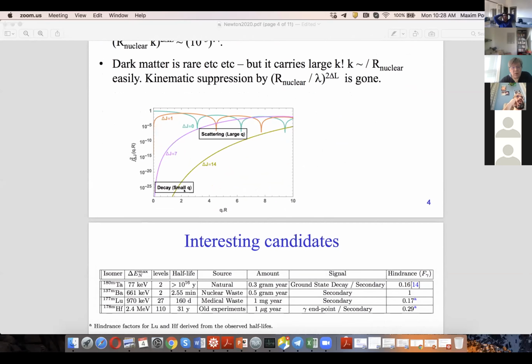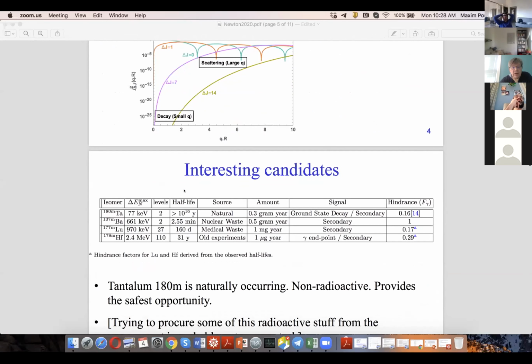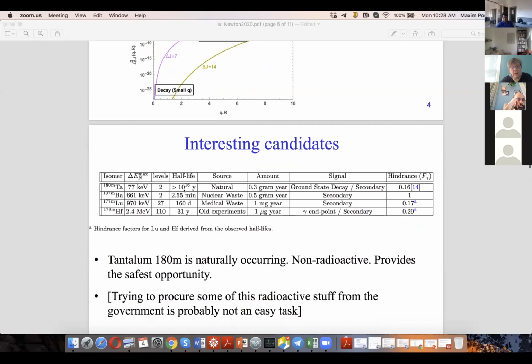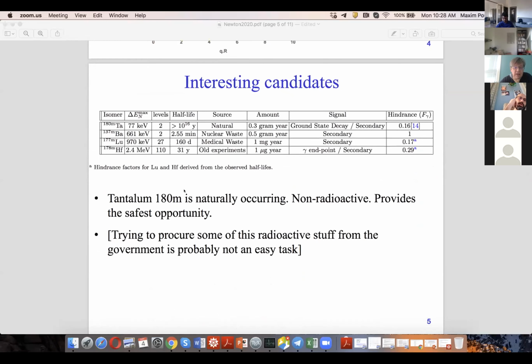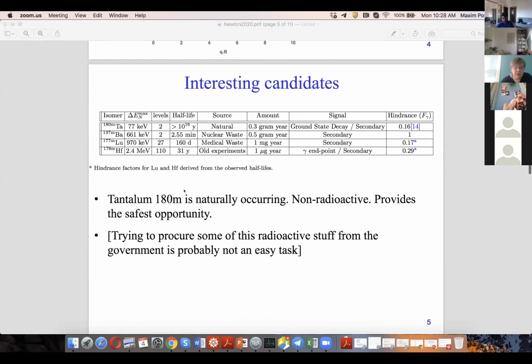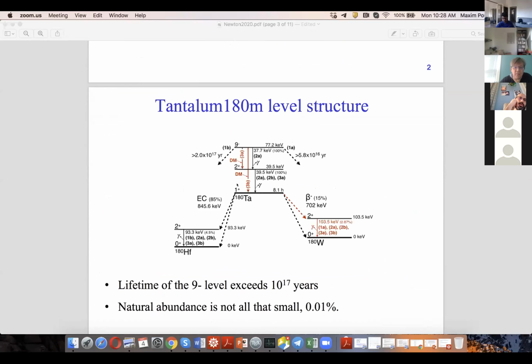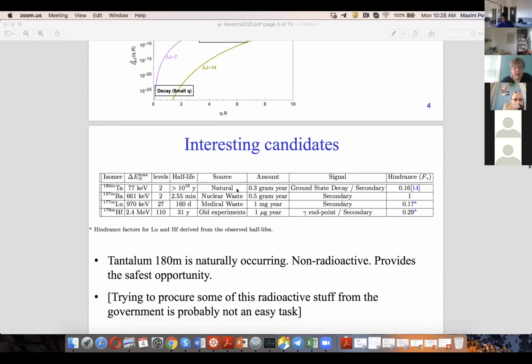So the very simple thing that I was arguing is that the dark matter helps this nucleus to decay because it eliminates the strong multipole suppression, and the change for tantalum is from 9- to 1+, so it's quite significant.